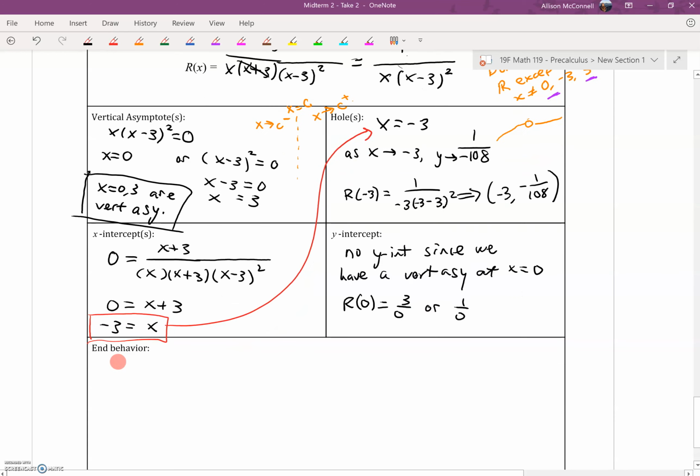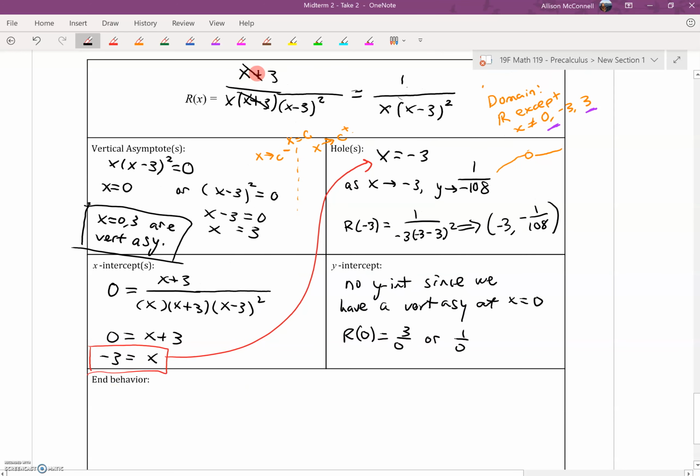So then the end behavior, notice that we have a single power in the numerator, a smaller degree function in the numerator, and a larger degree function in the denominator. So this should tell you that we have a horizontal asymptote at y equals 0. And so our end behavior is as x goes to negative infinity, y is going to go to 0.